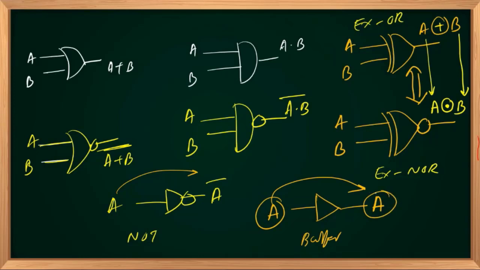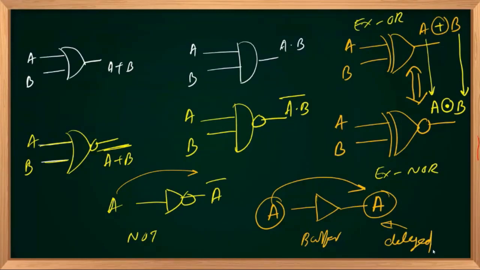The second property is that the output is a delayed version of the input. Input will appear at the output as it is, but delayed, let us say by 1 nanosecond. So if you apply an input, the same input will appear at the output after 1 nanosecond.